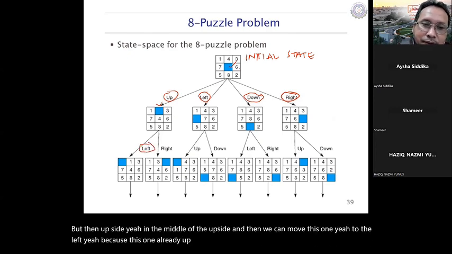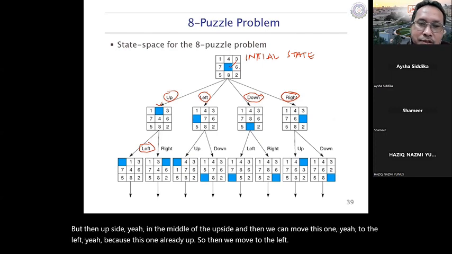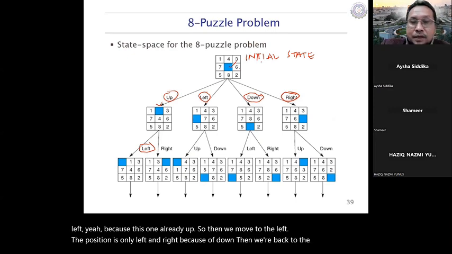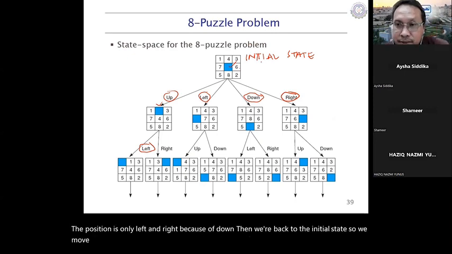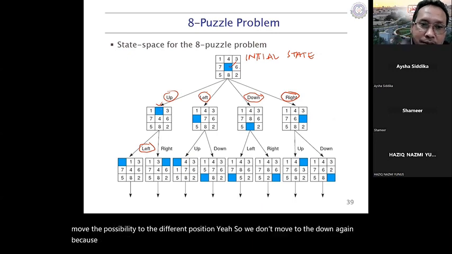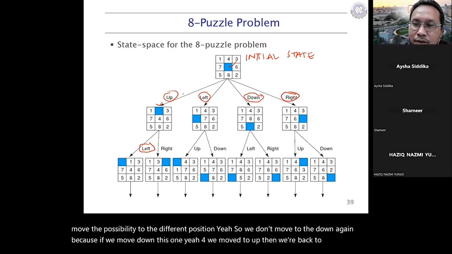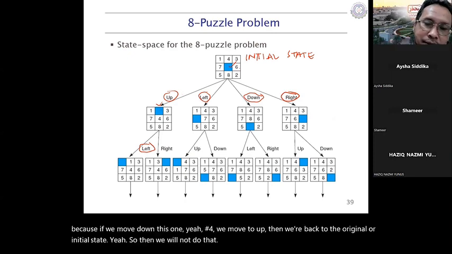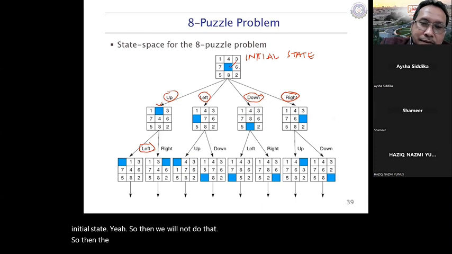The positions are only left and right, because if we move down, we go back to the initial state. So we move to a different position. We don't move down again, because if we move number 4 up, we return to the original initial state, so we will not do that. So after up, there are left and right moves for this blank tile.